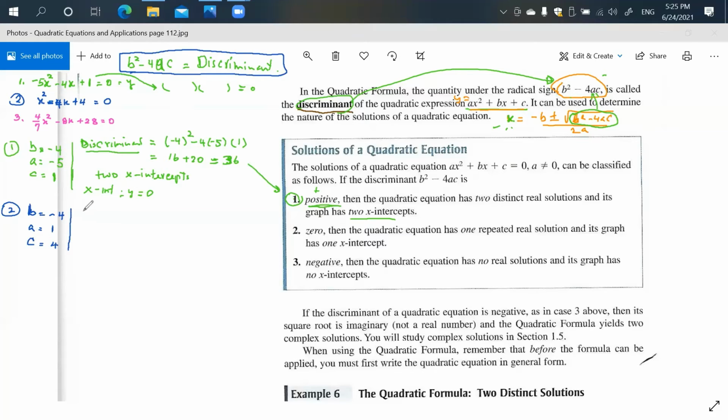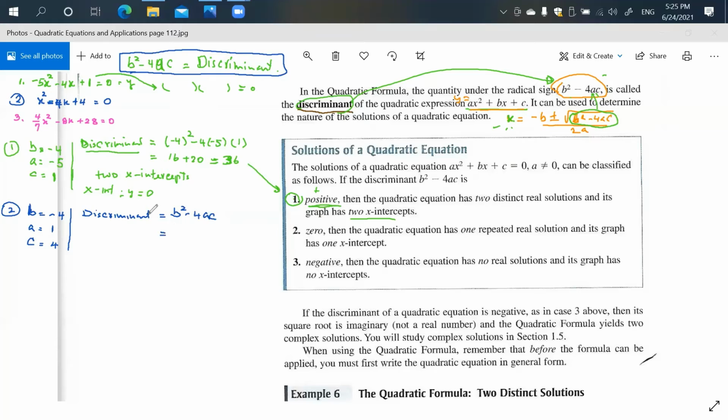After that you find the discriminant, using this formula again: b squared minus 4ac.